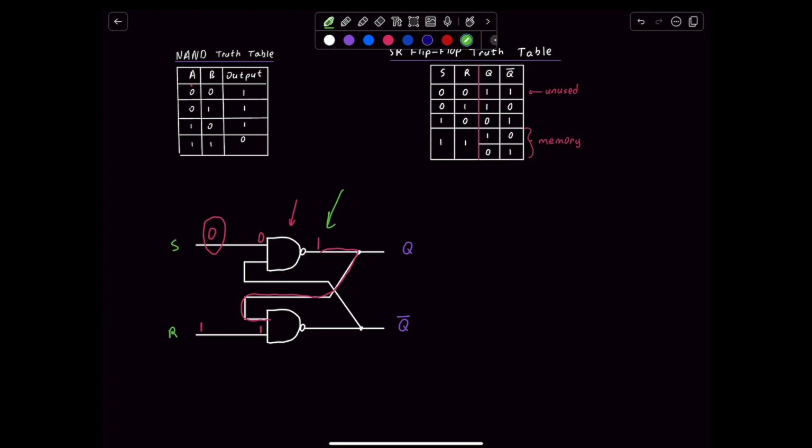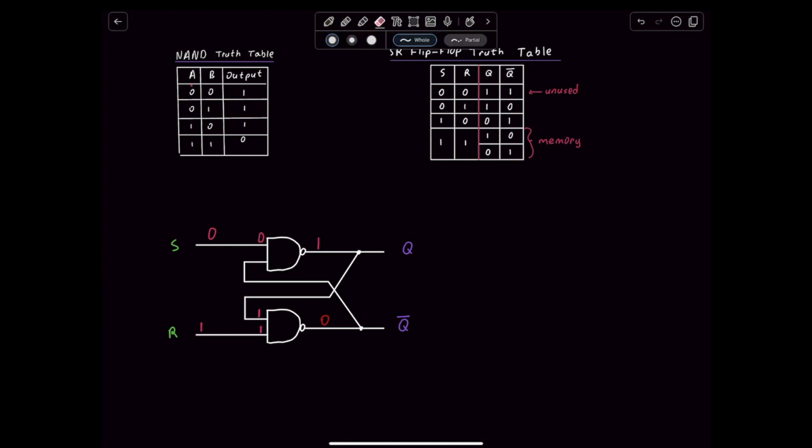When we trace it down, we can see that this gate is getting a 1. So it has two 1s. And we remember from the NAND gate truth table that when we have 1 and 1, the output is always 0. So this is now 0. What does this tell us? This tells us that when we have 0 for the set and 1 for the reset, those are our inputs, we can see that our Q is 1 and Q bar is 0.